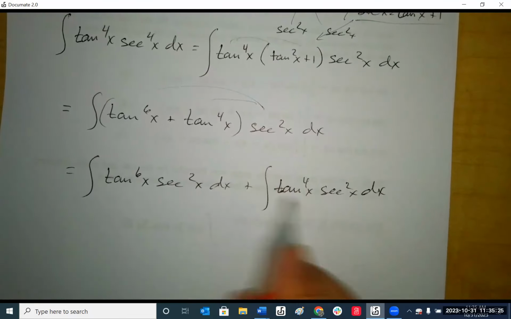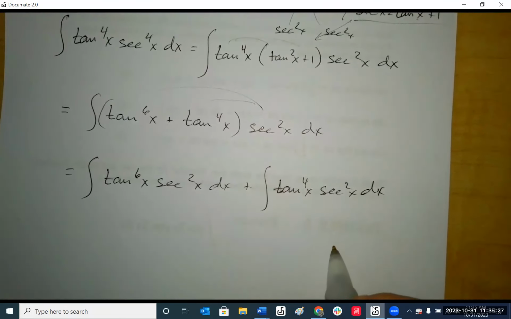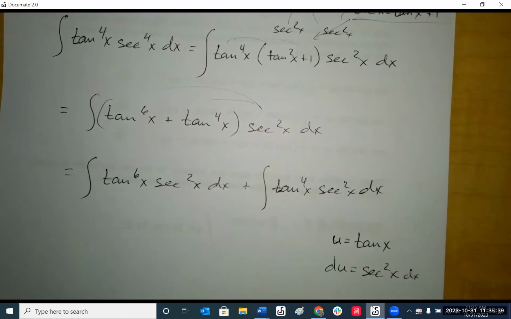So here we use substitution again. We'll make u equal tangent x, and the derivative of tangent is secant squared x dx.